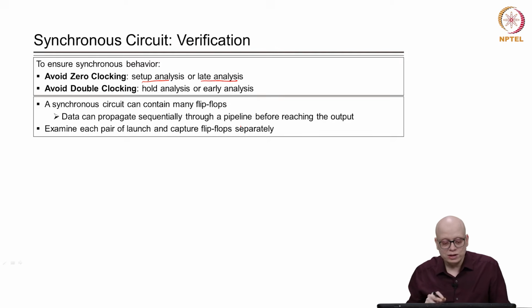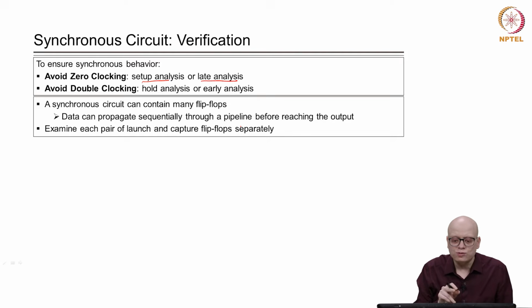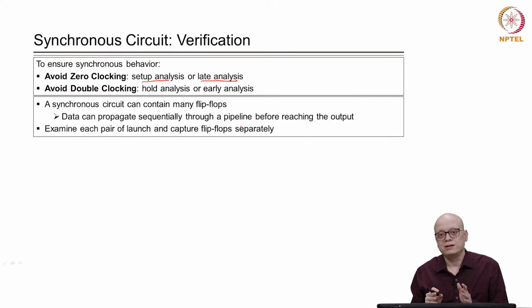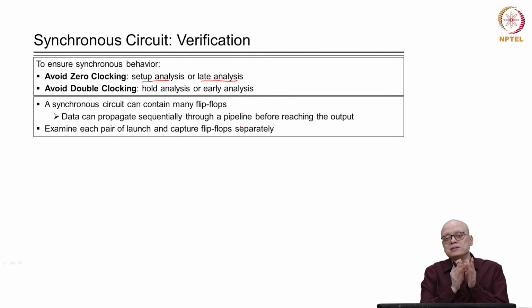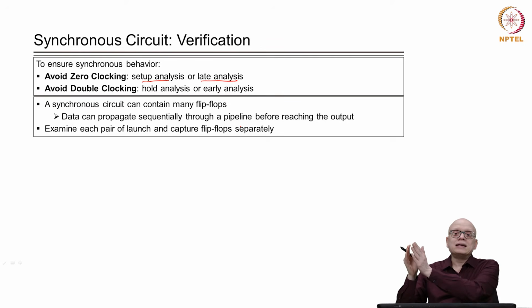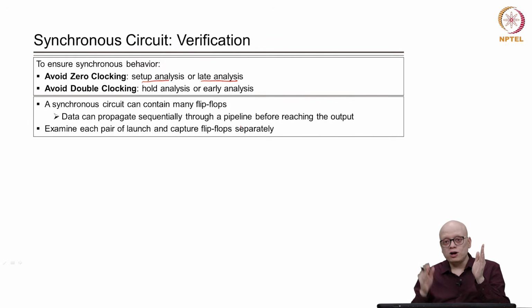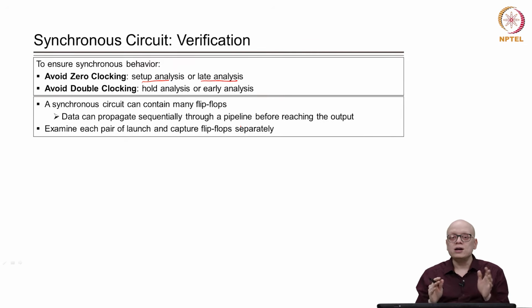So, the STA tool examines each pair of launch and capture flip flops separately, right. So, the tool will consider the path from one flip flop to the sequentially adjacent flip flop, meaning from the launch flip flop to the capture flip flop. It will consider all pairs of such combinations that are possible in the circuit.